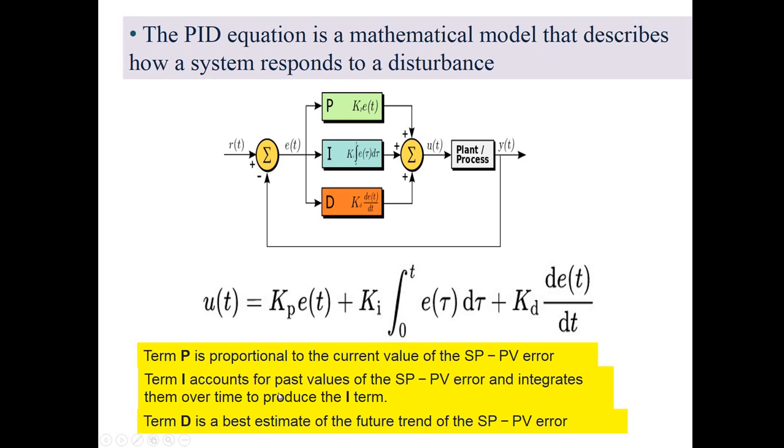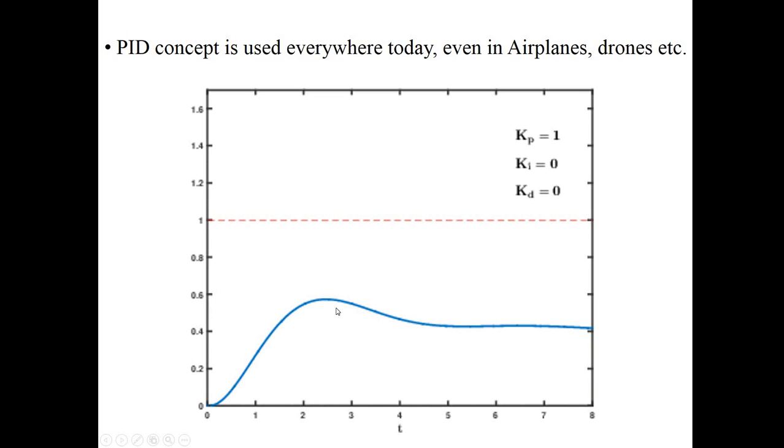Now I accounts for past values of SP minus PV error and integrates over time. So exactly here, this is SP minus PV integrated. The D is the best estimate of the future trend of the SP minus PV error. So everything, the input, is error, that is like SP minus PV. SP is RT, PV is something which is coming from here which is not marked. So finally the output will look like that.